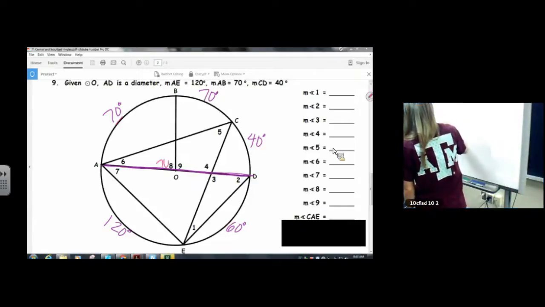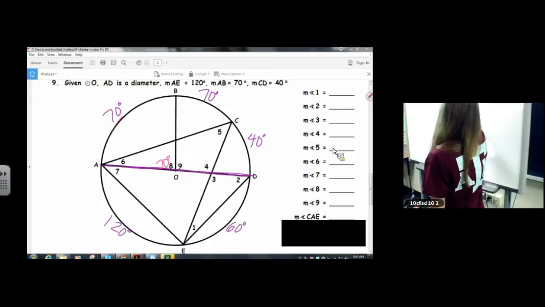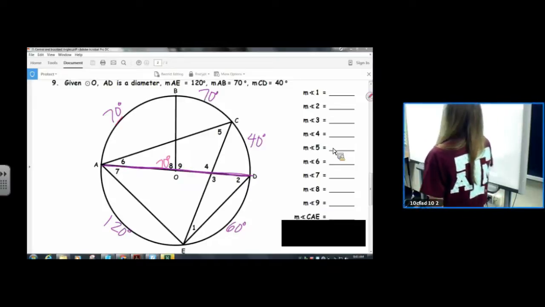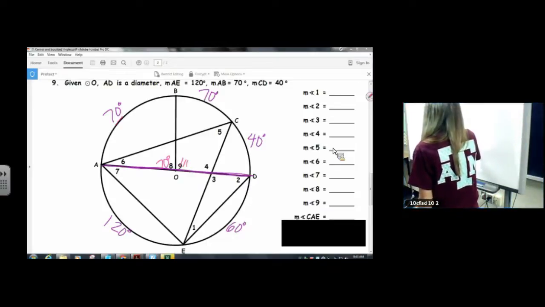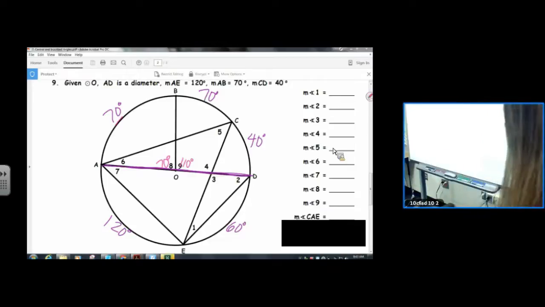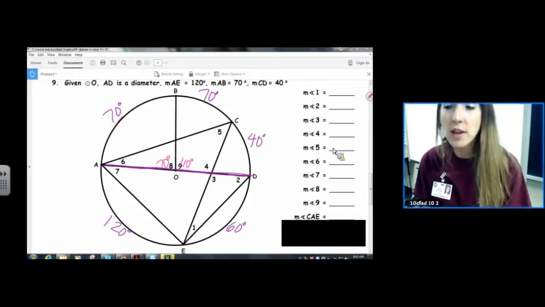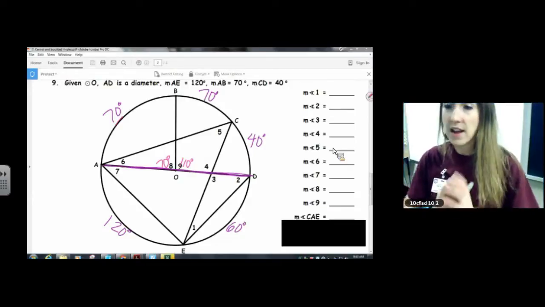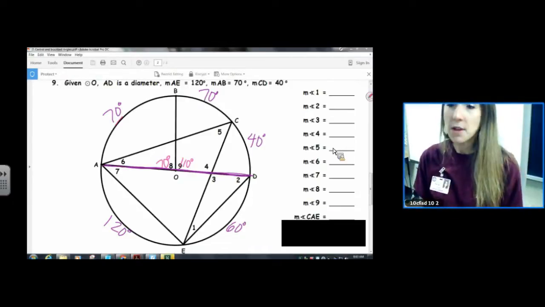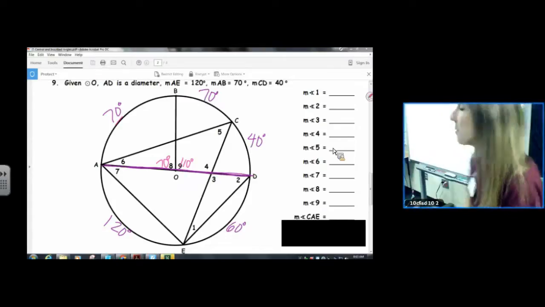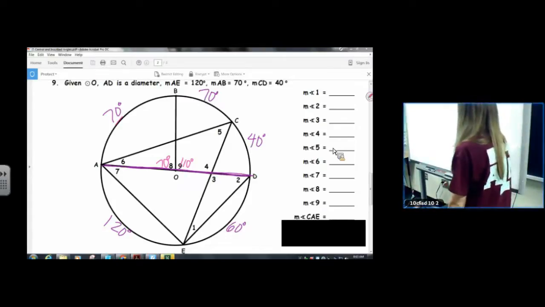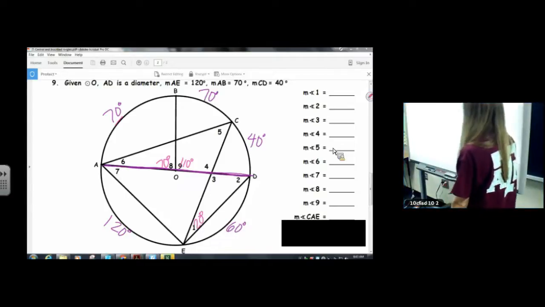70, 70. Let's see, 110, 110, or we could have used linear pair. All right, well, that's all the central angles I have. Now we go to inscribed angles, and we find every inscribed angle we can. So I'm going to say a number, and I'm going to divide its arc by 2. Let's start with number 1. 40 divided by 2, 20.